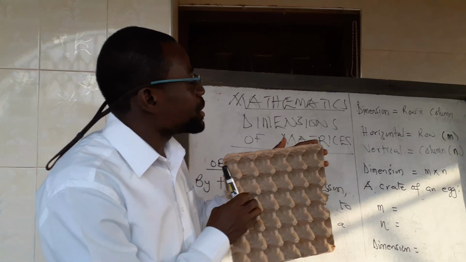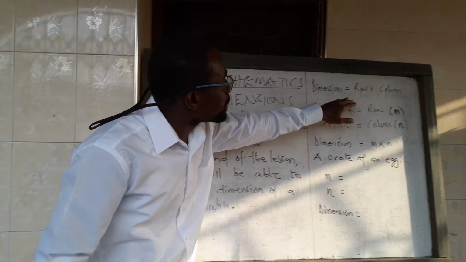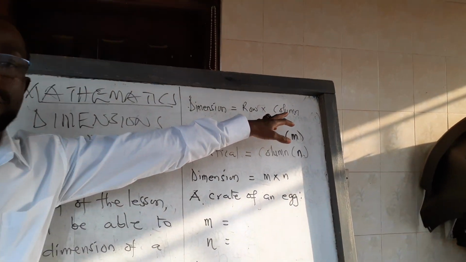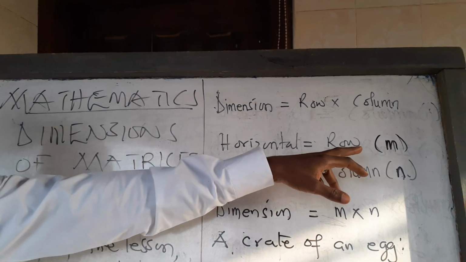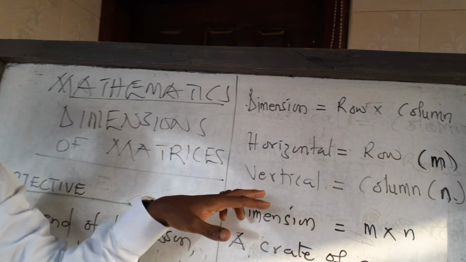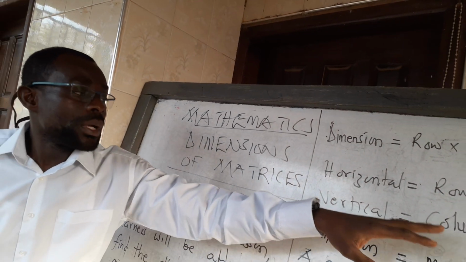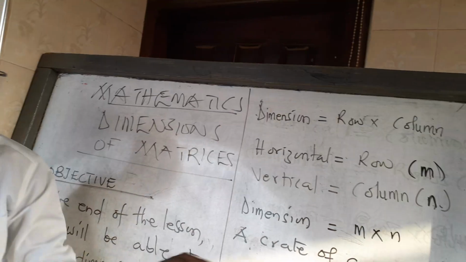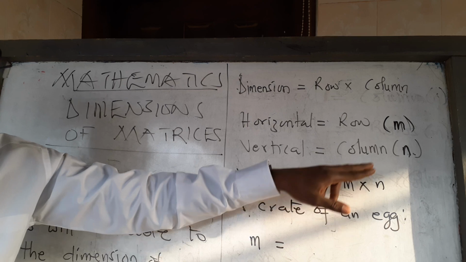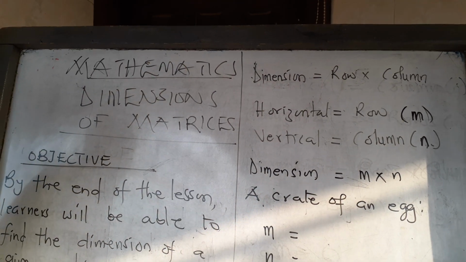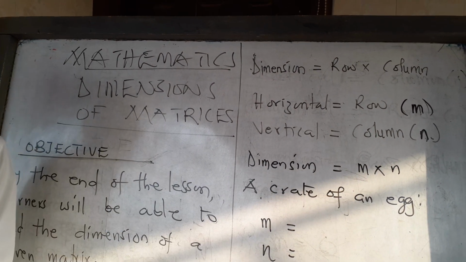So the dimension of a given matrix is equal to rows by columns. We know that horizontal is row, which is represented by m, and the vertical, which is column, represented by n. So a given dimension of a matrix is m by n, as it defines that particular matrix.